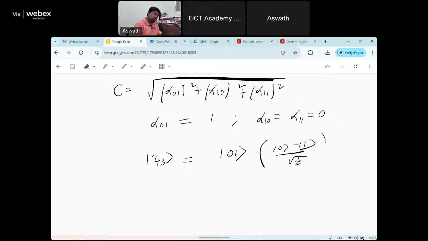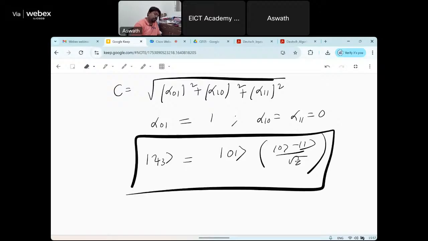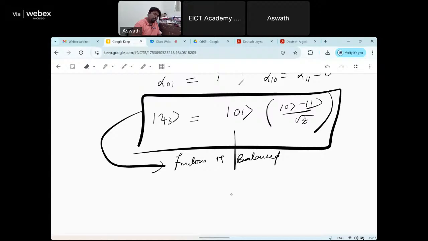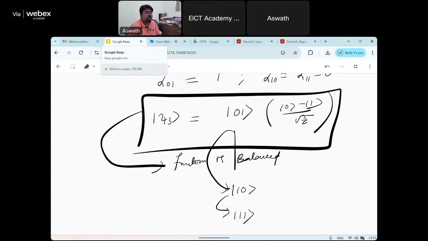This is the output, which means the function is balanced. It can be 1,0, it can be 1,1, other options. So that is the Deutsch-Jozsa algorithm for you.